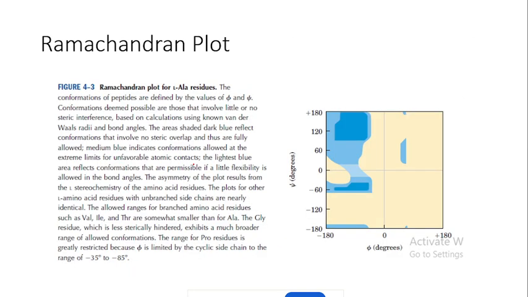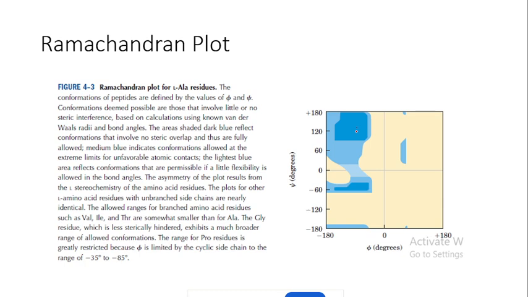Next, the Ramachandran plot, which depends on the phi and psi angles, right? So there are some regions. These blue regions are the stereochemically allowed region, right? Suppose for this region, psi is 120 and phi is around 80, so this portion is in the allowed region.